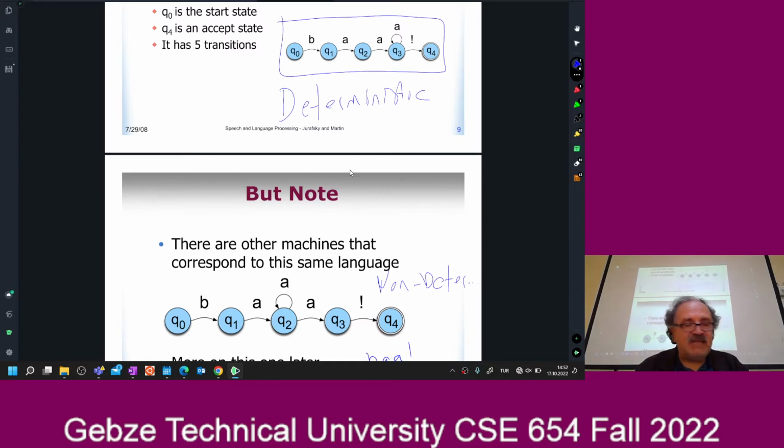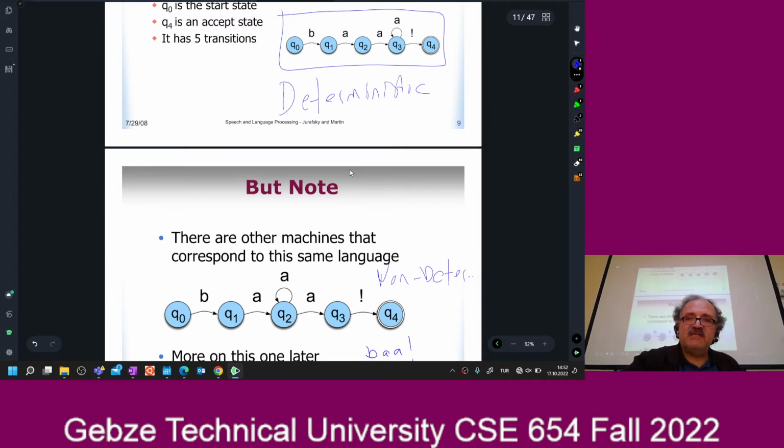The other one is non-deterministic. Can anybody tell me what I mean by deterministic and non-deterministic? Power-wise, they are the same power. They represent the same language. Whatever this one accepts, this will accept. Whatever this one rejects, this will reject. So they are representing exactly the same thing, but this is a deterministic one and this is a non-deterministic one.